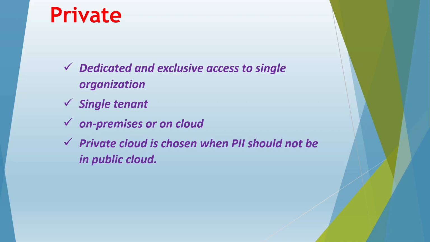Private cloud can be on-premise and also on the cloud. If it is on-premise, it has to follow the cloud principles and it will be managed only by the organization on whose premises it was deployed. But if it is deployed on a cloud service provider, the organization can access the private cloud with dedicated and exclusive access for a single organization only. The resources will not be shared. It is a single tenant.